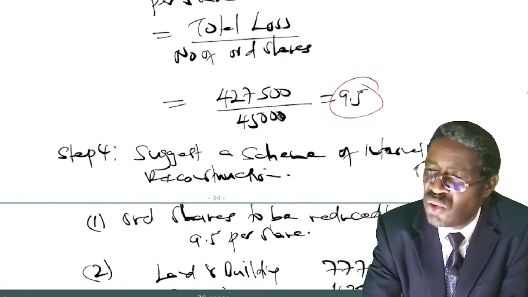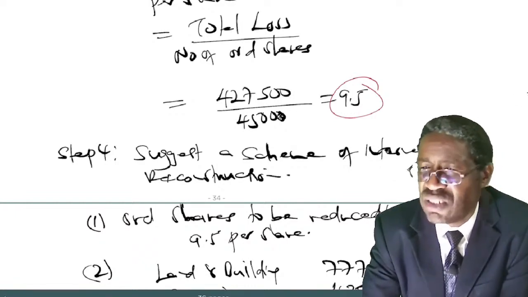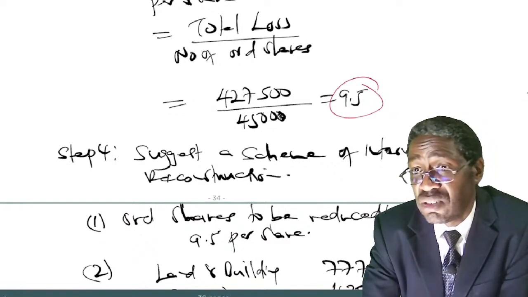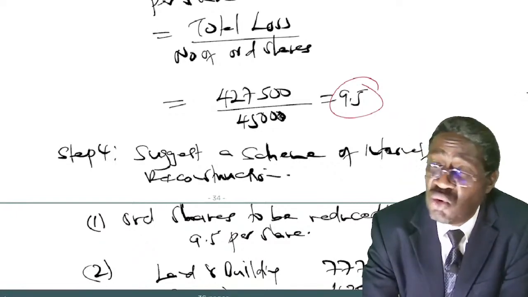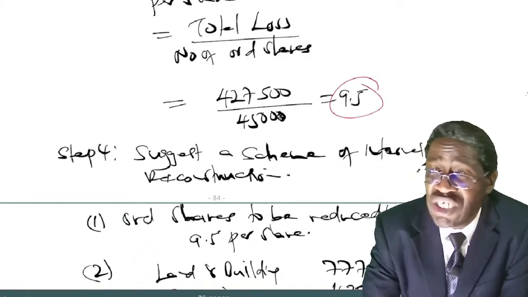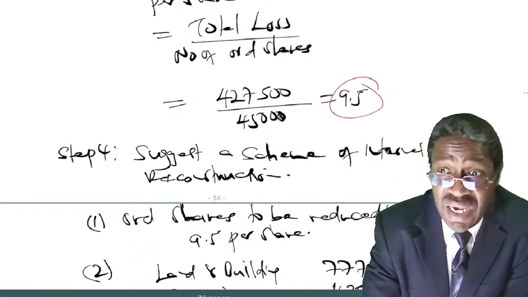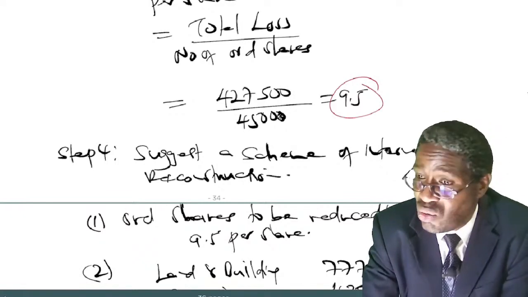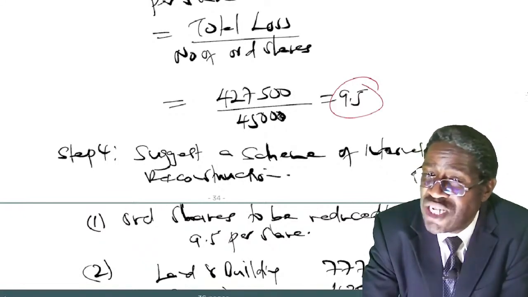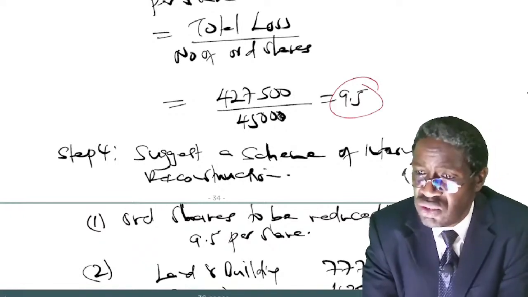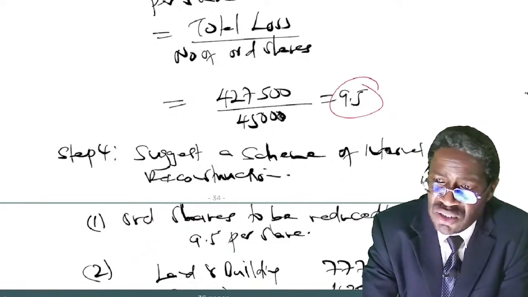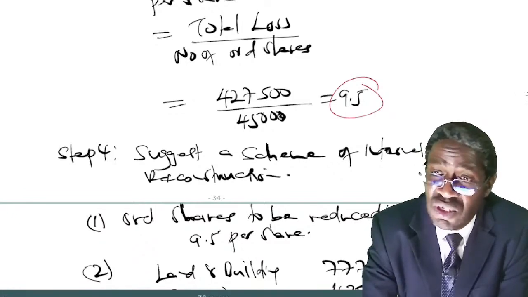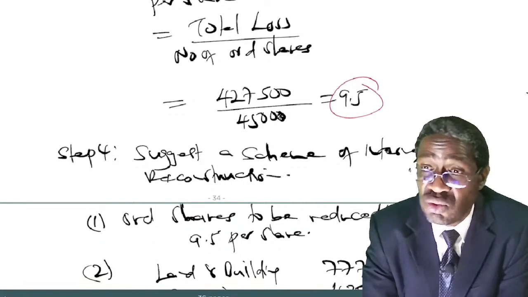So I told you, even last time, one question could say ordinary shares to be reduced by 9.5, which we have done. Another question could say, ordinary shares to be reduced to how much?